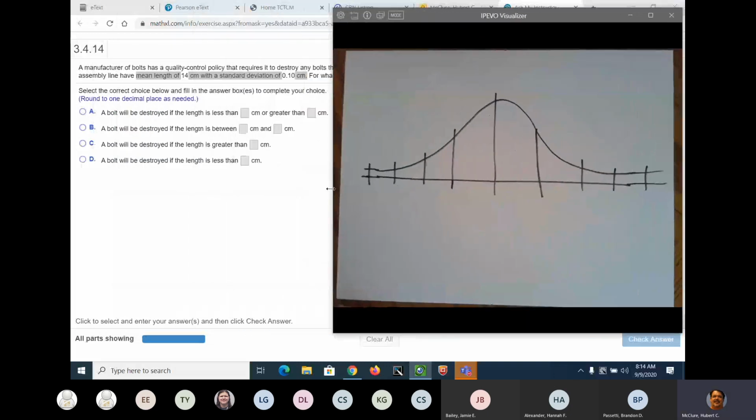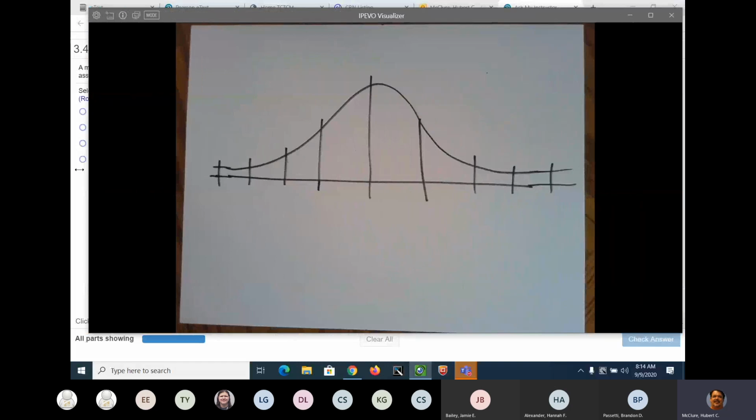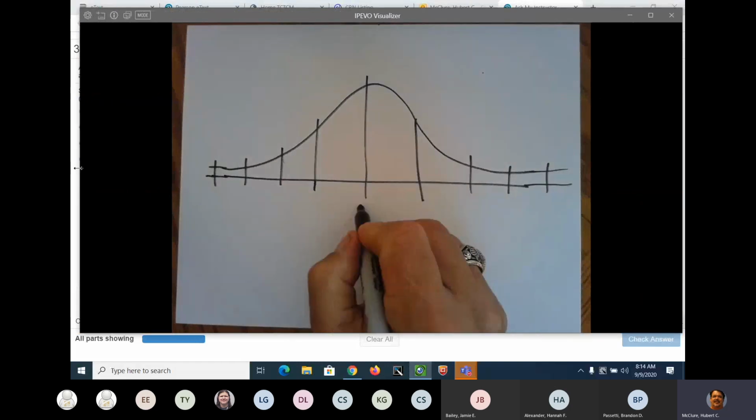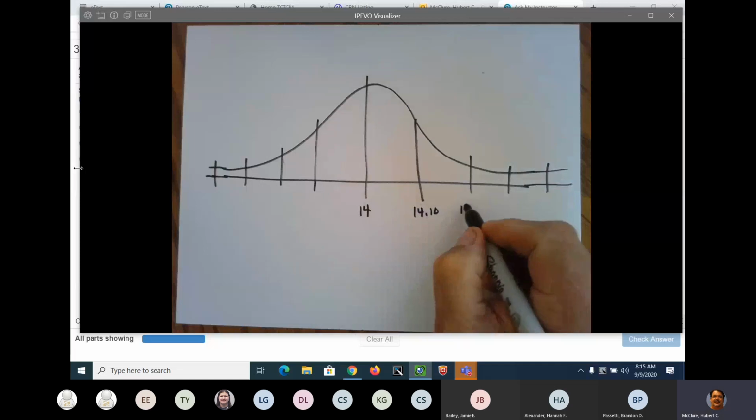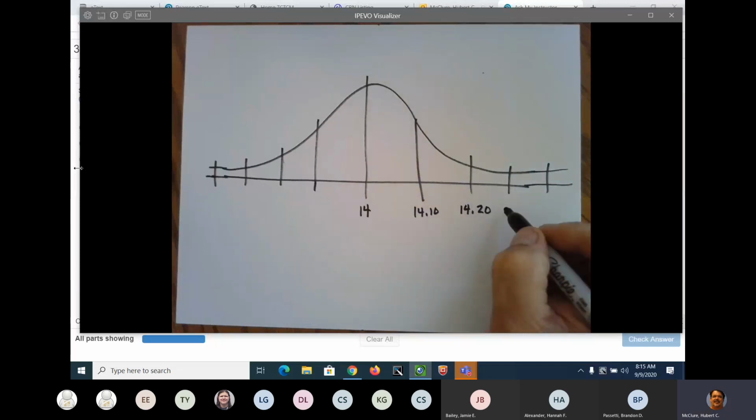14 and 0.10. So the mean is 14, and that's going to be 14.10, 14.20, 14.30, and 14.40.